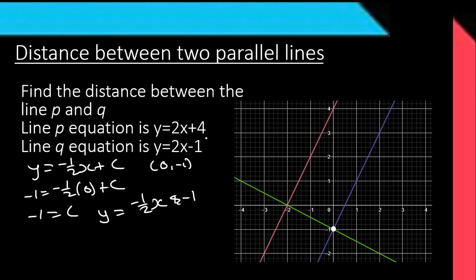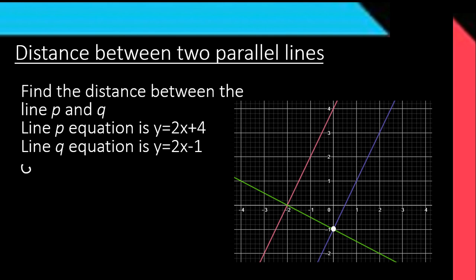Okay, so now what I need to do with the pink line, which is y equals 2x plus 4, and the green line, which is y equals negative a half x minus 1, I need to do systems of linear equations to see where they intersect. So in order to do that, I'm going to write it over here. So y equals 2x plus 4, and y equals negative 1 over 2x minus 1.